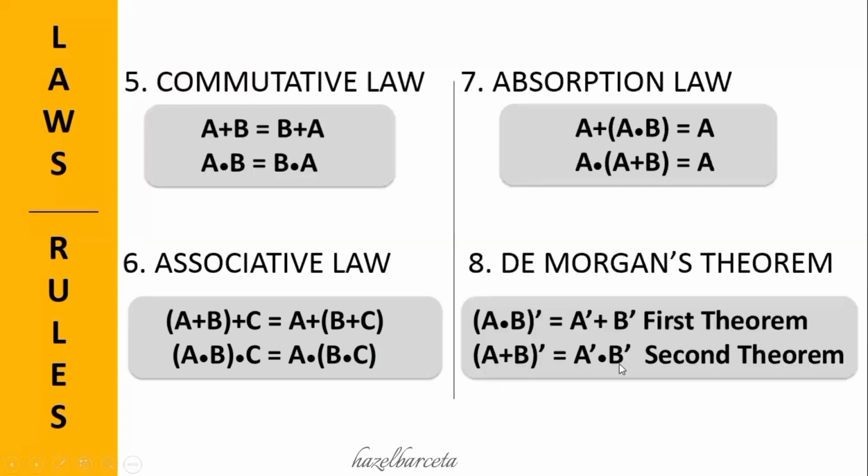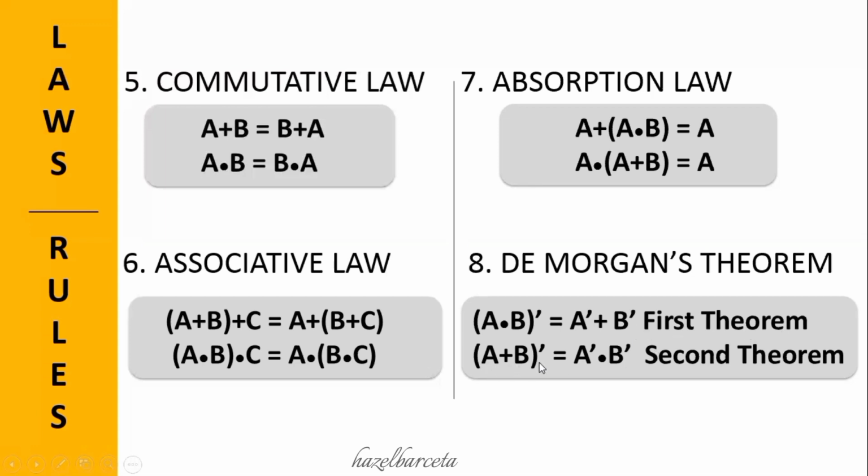So, number 8, De Morgan's theorem. Very gamit na gamit sa ating complements. Diba po? Remember, we have not operation, so we have complements. The complement of A times B is equal to A prime plus B prime, for first theorem.